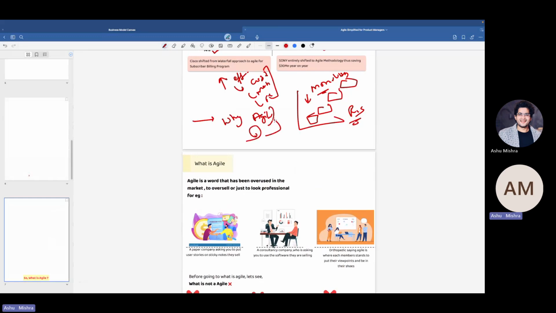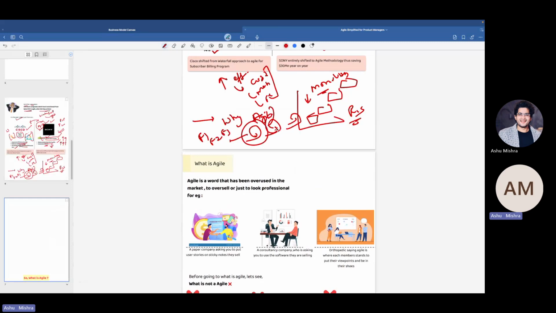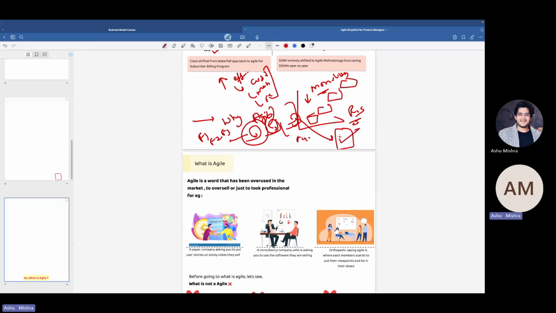Okay, with agile there are different sprints, and each of these sprints would have some kind of feedback 1, feedback 2, feedback 3. Then another would have feedback 4, feedback 5. Ultimately, once this is done, we get a very good product out of it, right? So we discussed why agile.